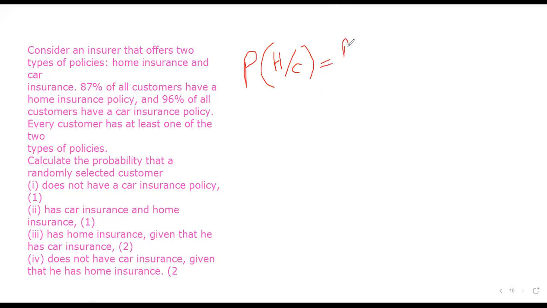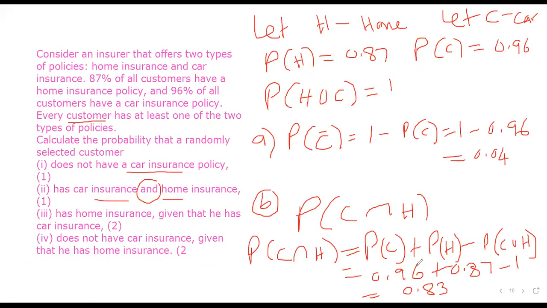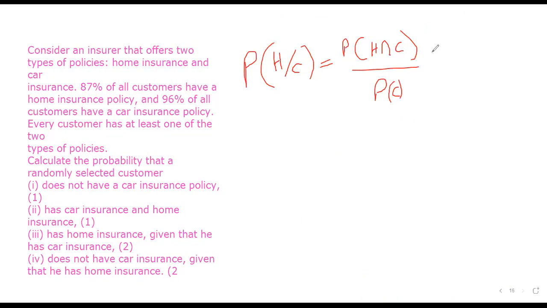So we're going to have home intersection car over the probability of having car insurance. Are we agreeable on this? Yes. What is our home intersection car? We just calculated 0.83. So here we put 0.83.